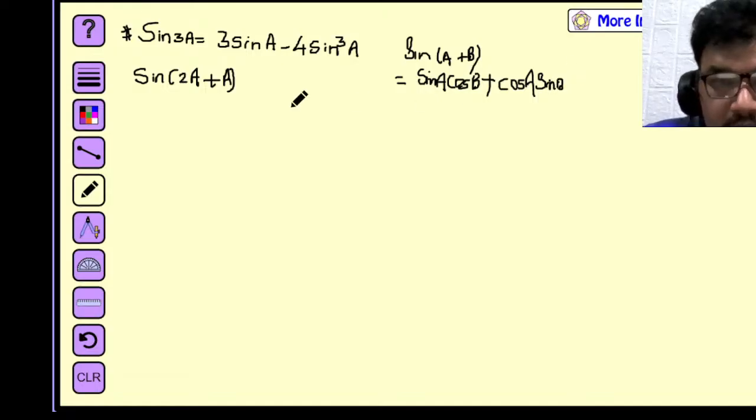We are using this same here, but in place of A there is 2A, write it like this: sin 2A.